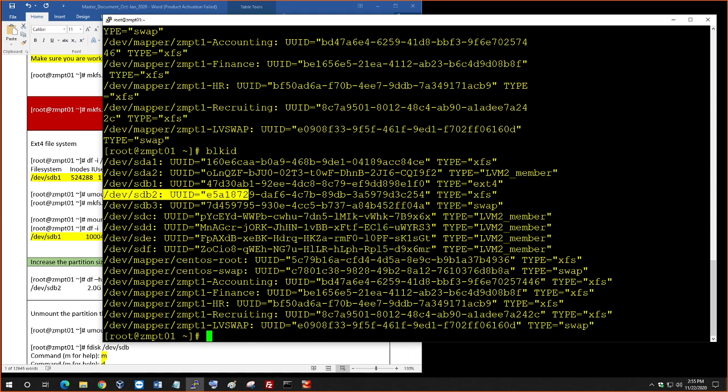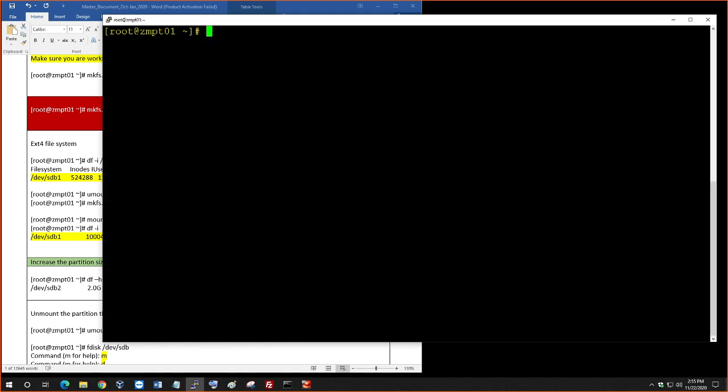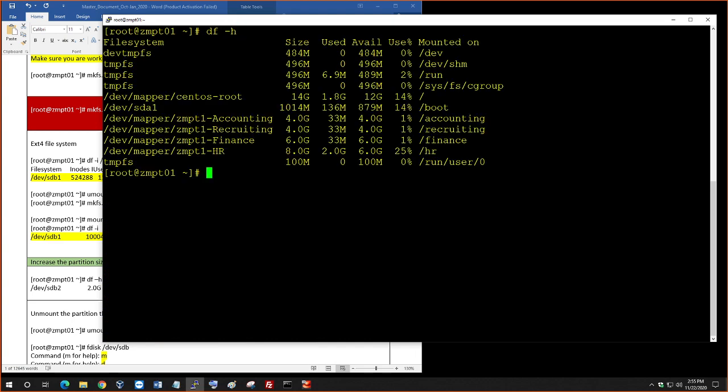So in here you want to extend the XFS file system here, right? So which one is this? dev/sdb2. So df-h, dev/sdb2 is not mounted here, right? So let me go ahead and mount it.